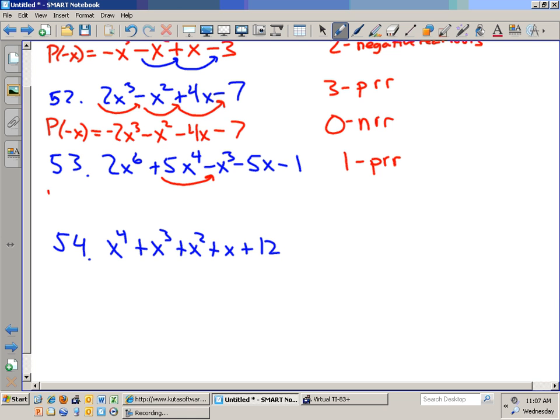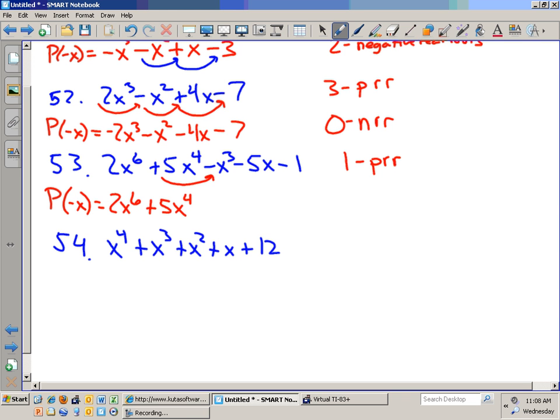If we do p of negative x, we get, what's negative x to the 6th? It's going to be positive x to the 6th, right? So you have 2x to the 6th. How about if you take negative x to the 4th? Positive x to the 4th.